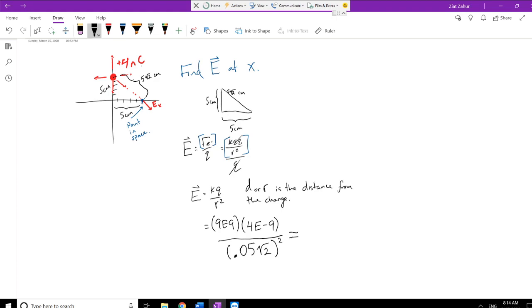And voila. Okay, go ahead and punch that into your calculator, see if you can do it. I'm going to use Wolfram Alpha. Wolfram Alpha is great if it works. Yeah, so punch in 9E9 times 4E negative 9, and you can see how the 9 and the negative 9 kind of cancel, so it's just 36 in the numerator, divided by the distance squared, so that's 0.05 root 2 squared.